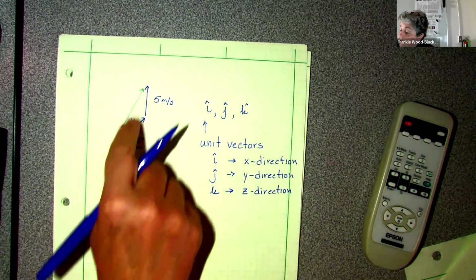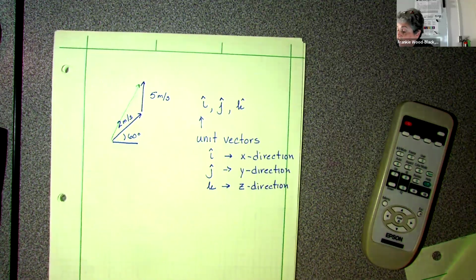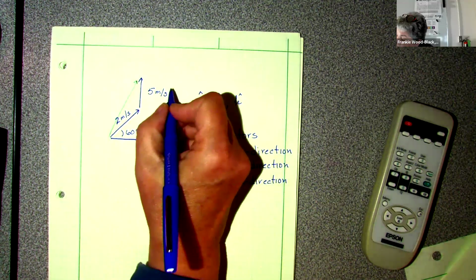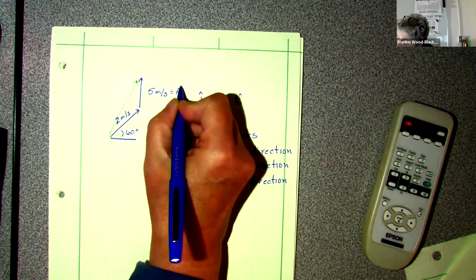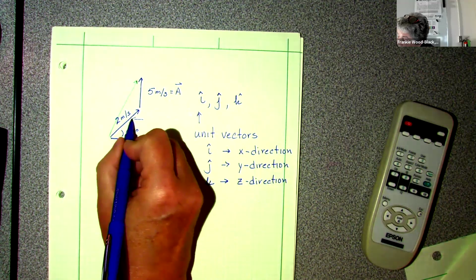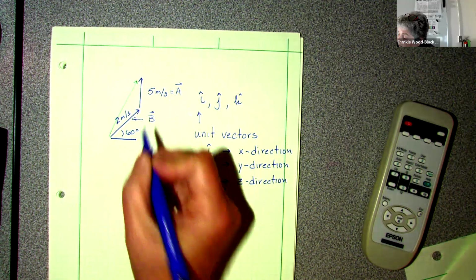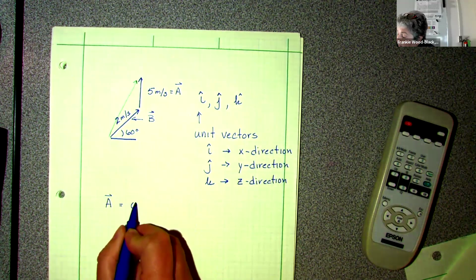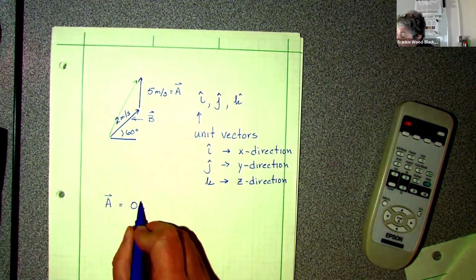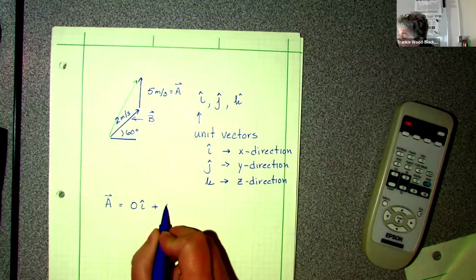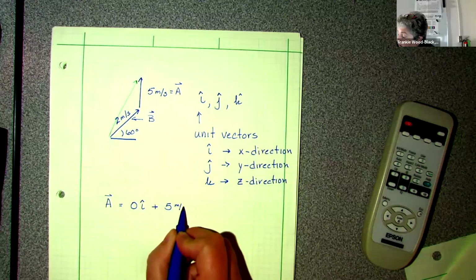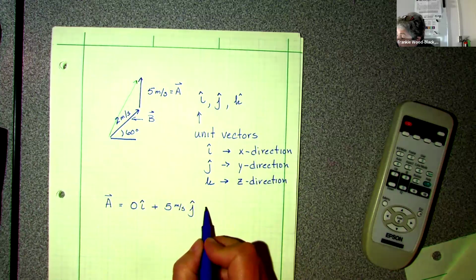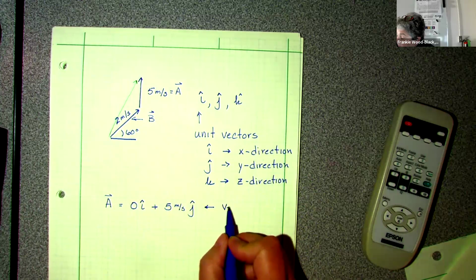So we could write those 2 vectors, and we've done this before. So this vector is easy. We're going to call this vector A, and we're going to call this vector B. And vector A is easy because vector A has 0 component in the I direction, and it only has components in the J direction. So now I've written that vector in vector form.